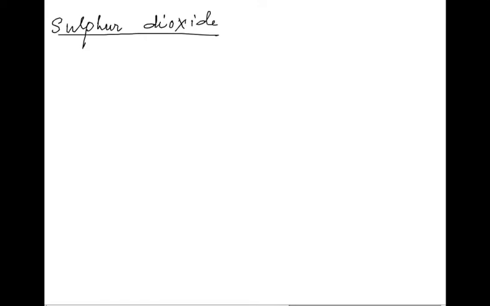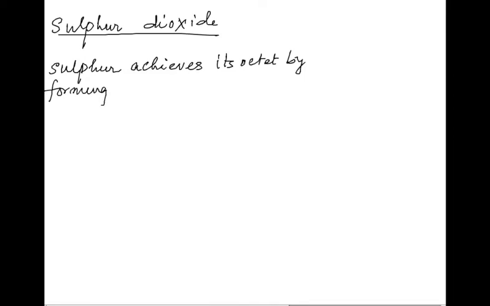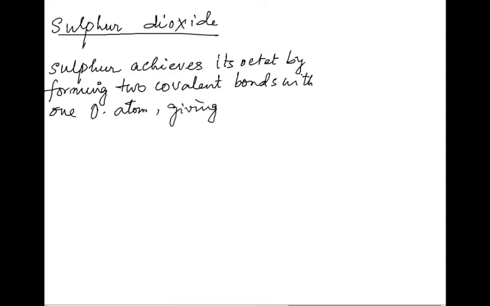In sulfur dioxide, during the formation of such a molecule, the sulfur achieves its octet by forming two covalent bonds with one oxygen atom, giving SO.